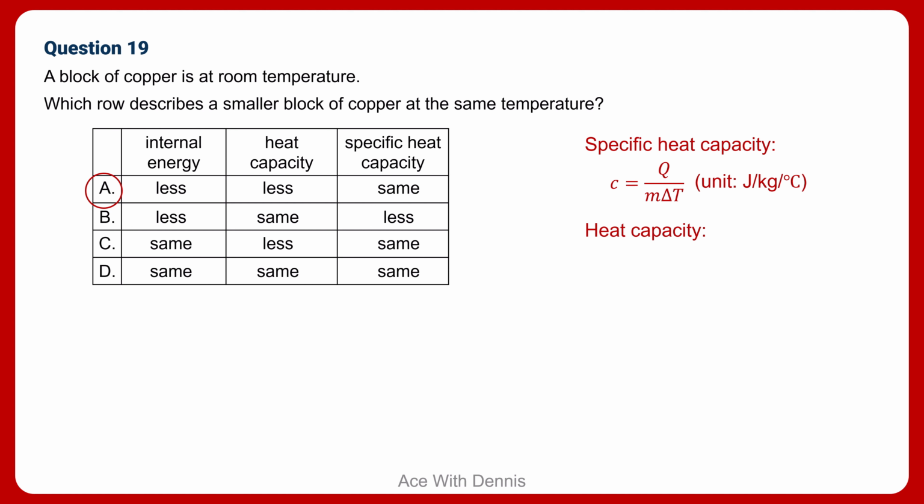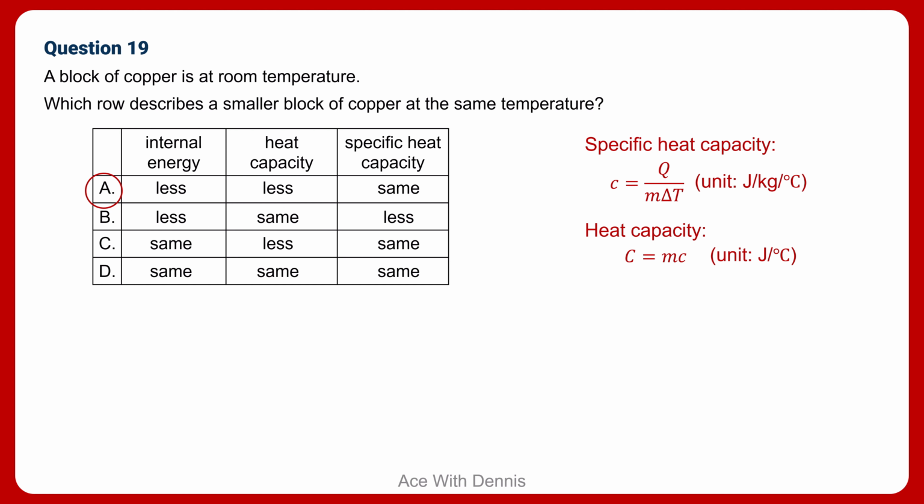For heat capacity, the formula is capital C equals m times small letter c, where capital C is the heat capacity, m is the mass, and small letter c is the specific heat capacity, and the unit is joules per degree Celsius. As you can see, it is affected by the mass. Hence, when it is a smaller block, the heat capacity will be less.